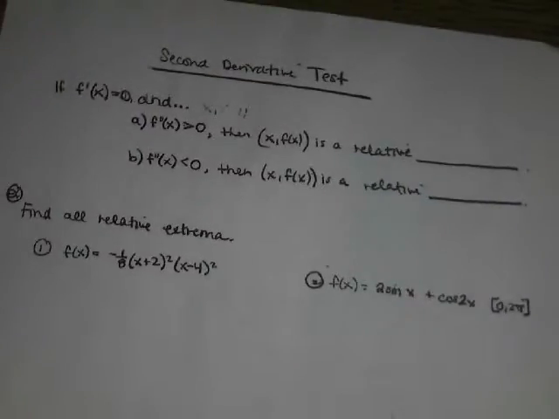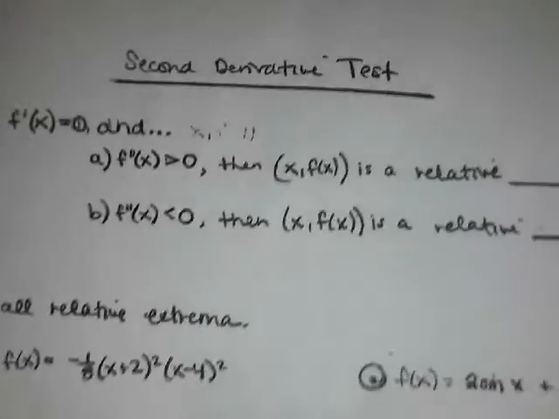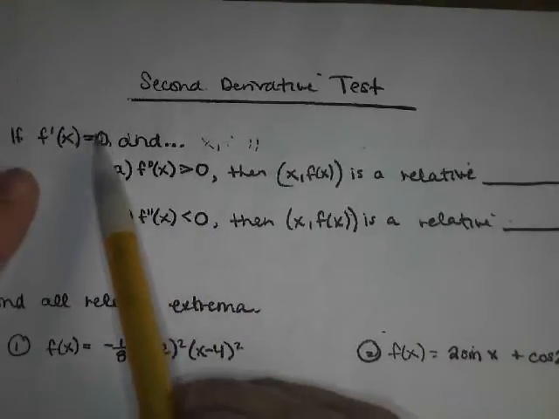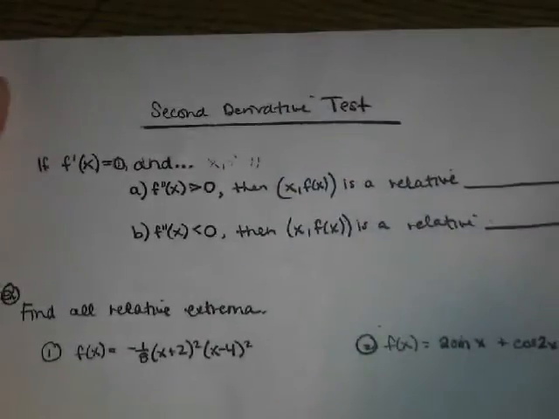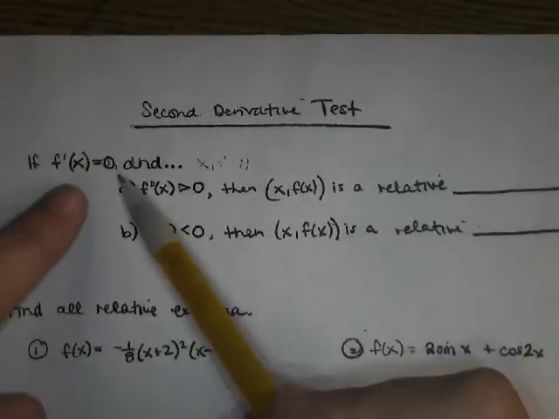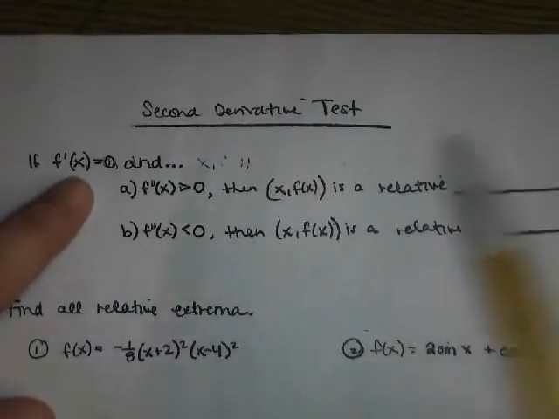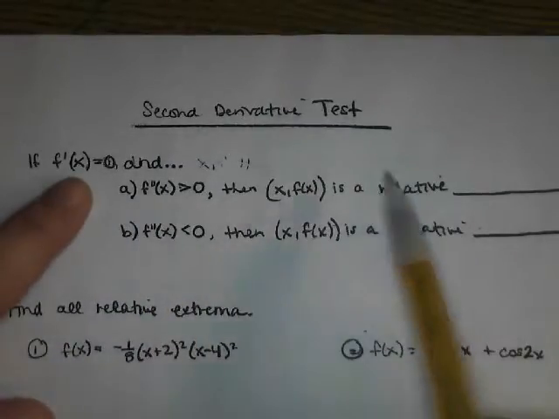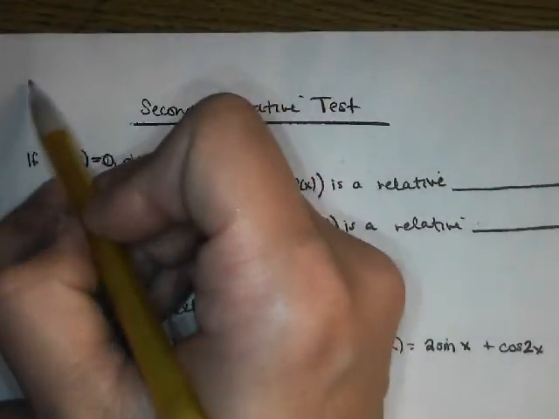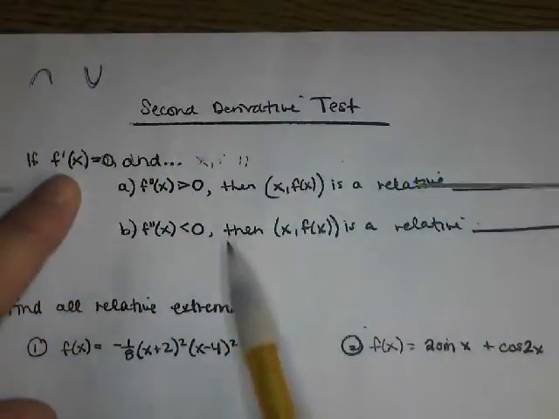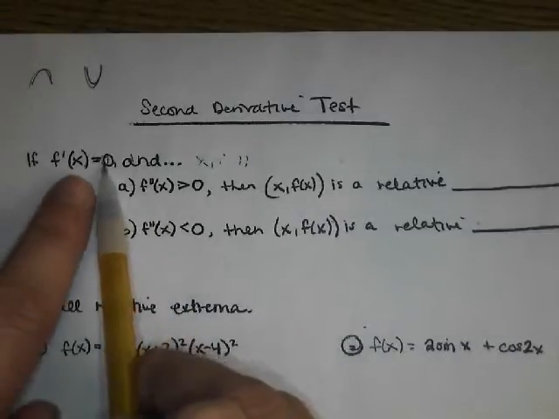Okay. This is more on the second derivative test. If the derivative is 0, then we know it has to be probably a max or a min, right? You've got one of two things going on, either that or this, correct? So if your derivative is 0 and your second derivative is positive, is it concave up or down?